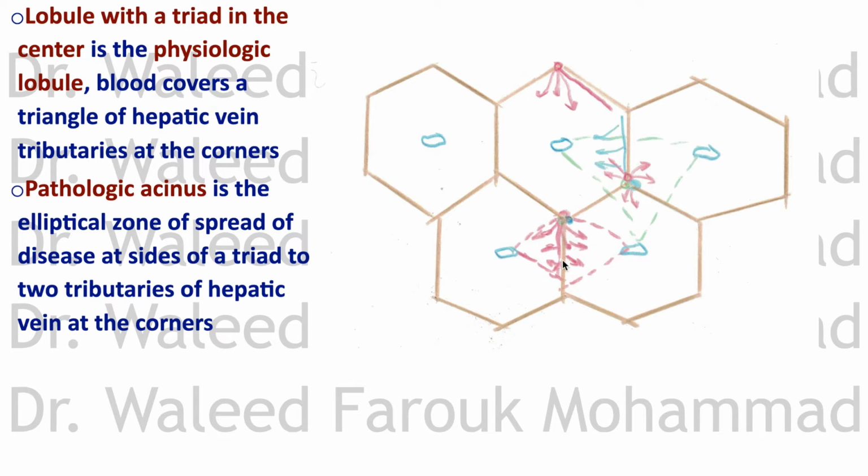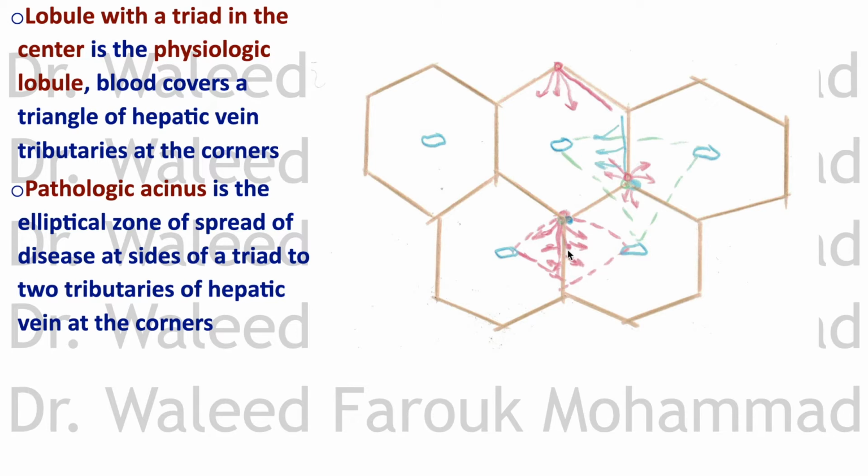Because this is the way the liver tissue gets its disease, its sickness. The pathologic acinus is differentiated into zones. The first zone takes the maximum hit, and then the second zone and third zone, and so on.